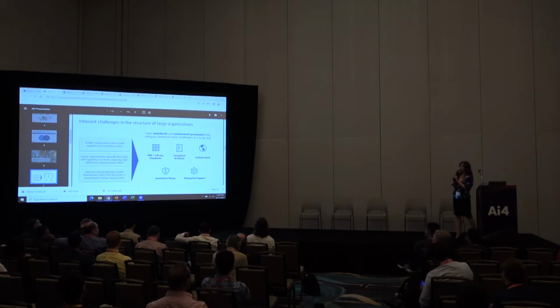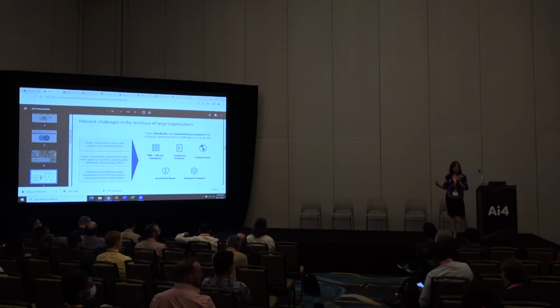And then another thing I want to call out is the tension between model development and serving, which I talked about on the last slide. That is exacerbated in a large organization. So I am guilty of this. I like to say this a lot. Data scientists are special snowflakes, and they like to say, I need to build it this way, and I can't possibly use anything else that anyone else has ever built.